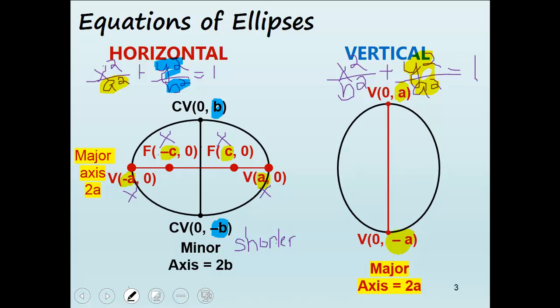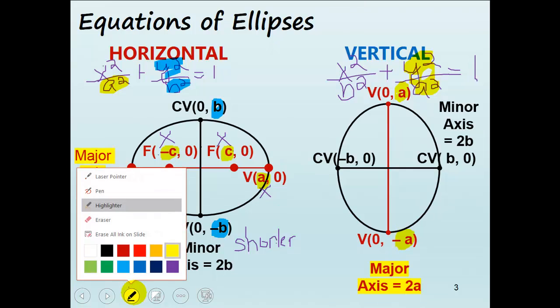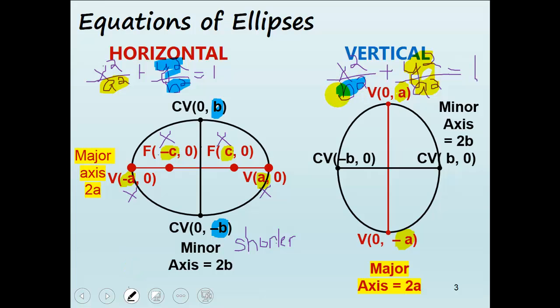The length of our major axis is 2a, just like it was over here. Now we have a minor axis, which is the smaller of the two, and its length is 2b, and notice where b squared is positioned. B squared is positioned under the x squared, right?